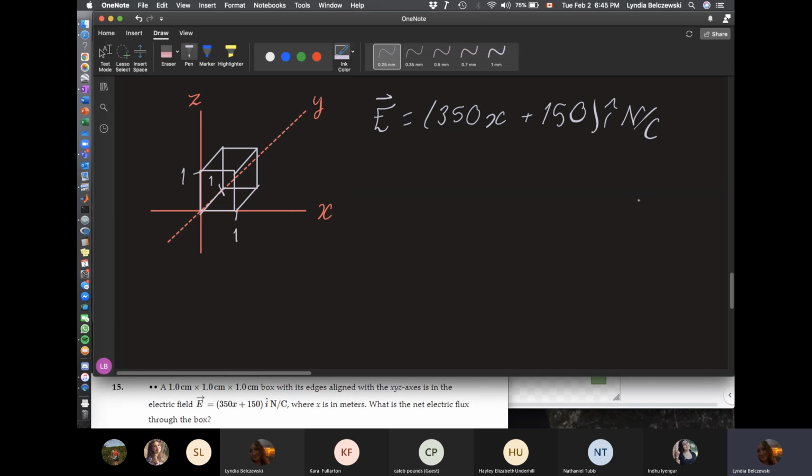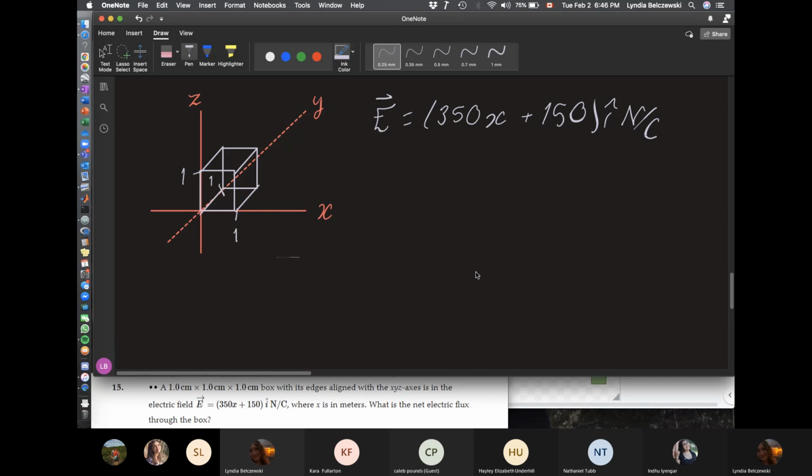Okay, so first off, this electric field only has an I hat component. It's not a uniform electric field. It's not constant because it depends on the X, and that's going to cause some headaches. But I guess the big takeaway is that it only has an X component.